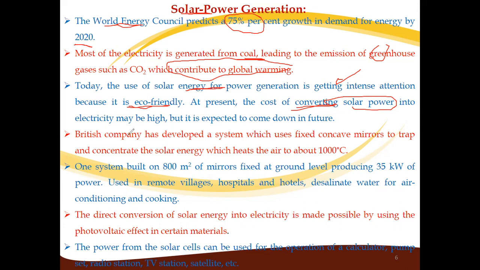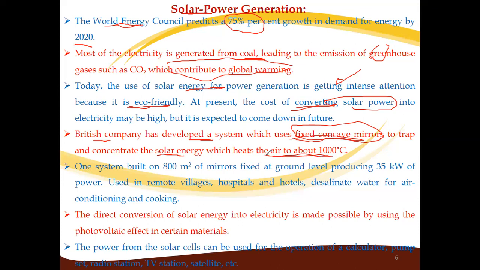Recently a British company has developed a system which uses fixed concave mirrors to trap and concentrate the solar energy, which heats air to about 1000 degrees Celsius.